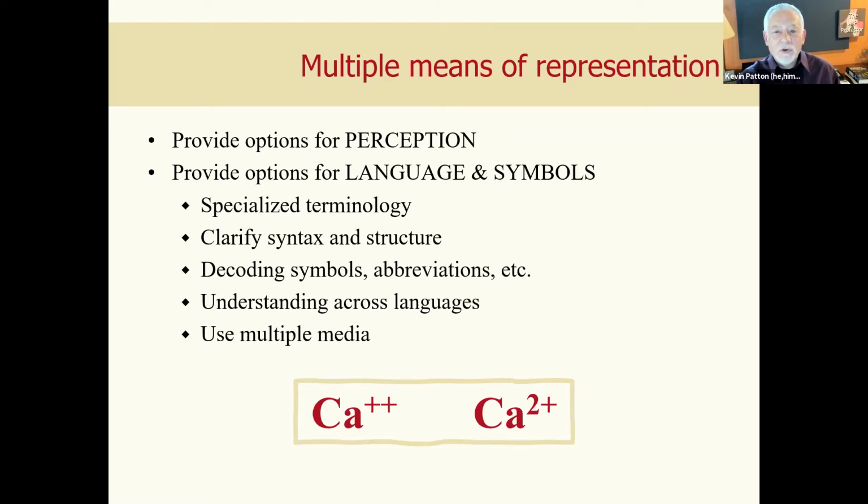But this isn't true for naive science students, at least not all of them. Some of them might be able to figure it out, but some of them won't. And they often get confused when they encounter a different way of expressing concepts. So maybe I better connect that for them. So we need to think about whether we're being clear enough with our abbreviations and considering options that might be more clear.